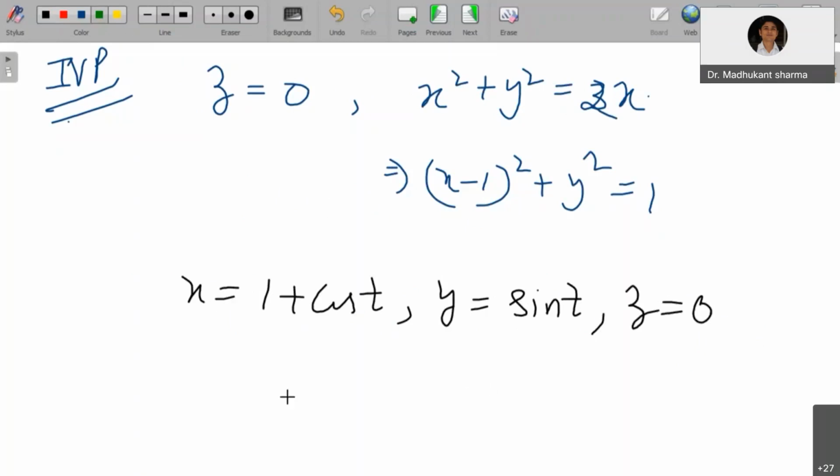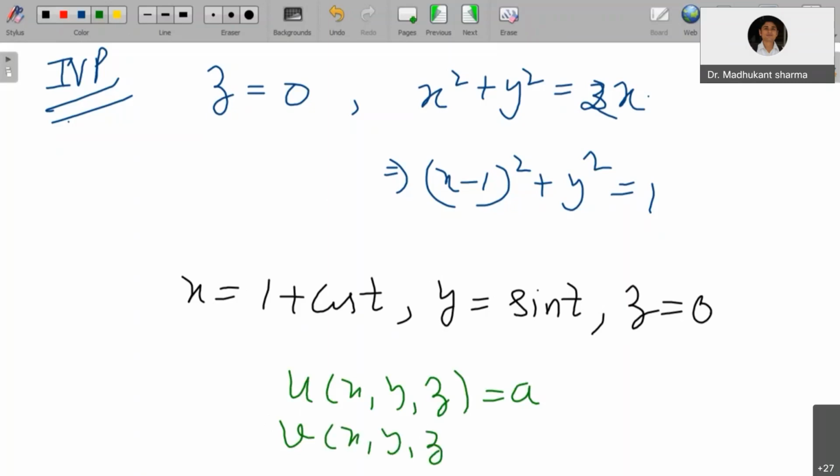Now, you have two families, u of x comma y comma z equal to a, and v of x comma y comma z equal to b. They will also be solutions, so they also must pass through this circle.